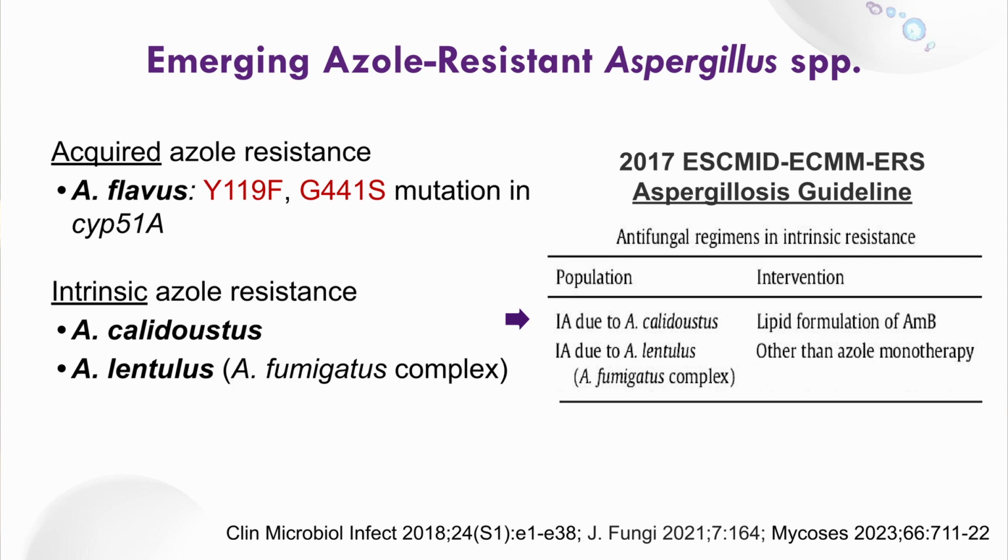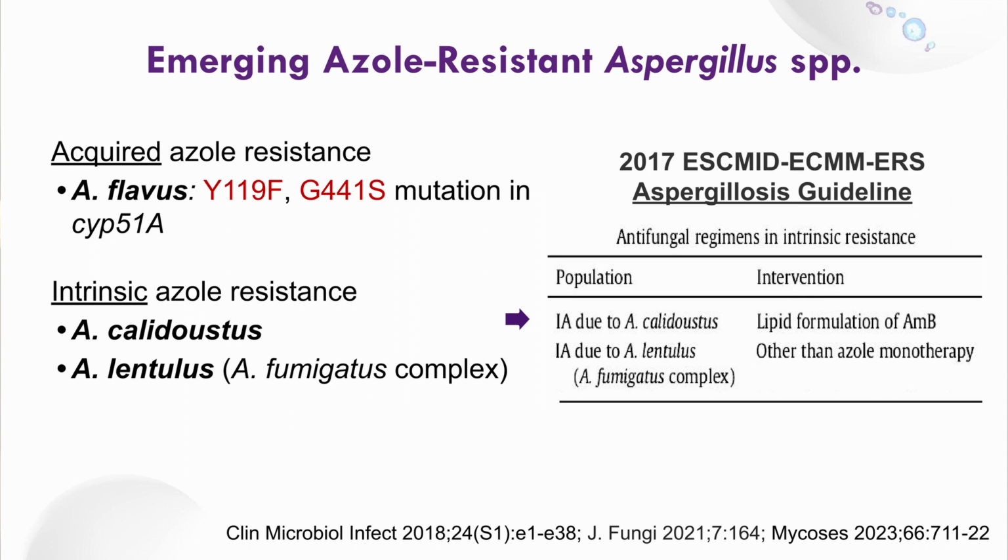The other important species to mention are those with acquired azole resistance or intrinsic azole resistance. Aspergillus flavus with acquired azole resistance due to a single point mutation in CYP51A has been reported.